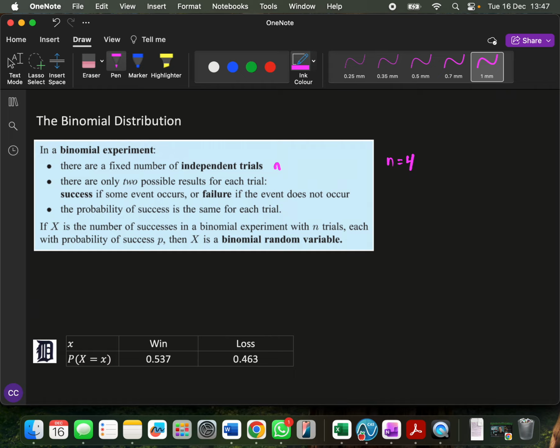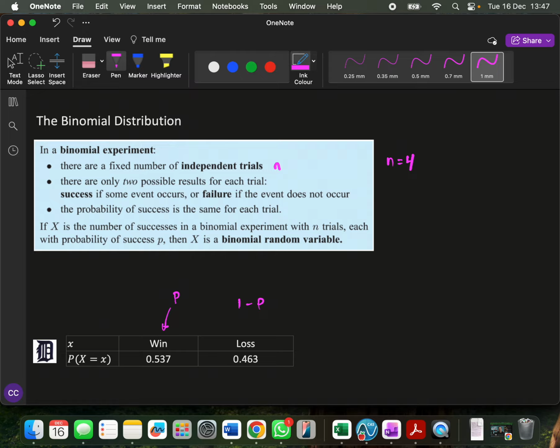The relative frequency win probability for the Tigers last year was 0.537. So we won a little bit more than 50% of our games. If I call this my p, then my losing is 1 minus p, and that's how I calculated it because they report win percentage, never losing percentage.